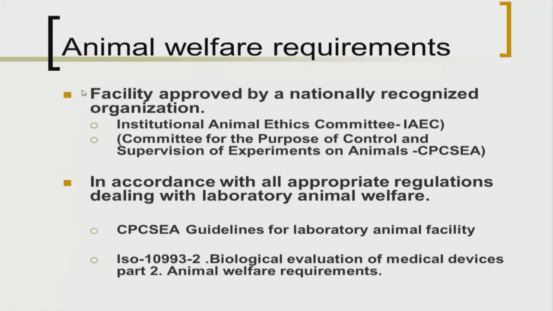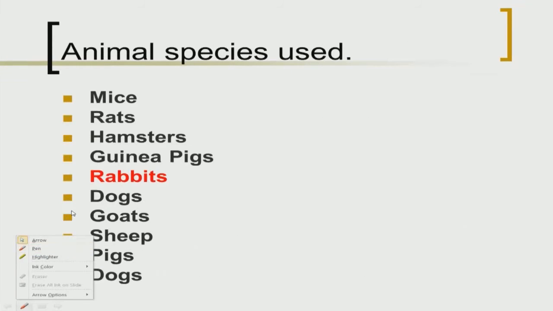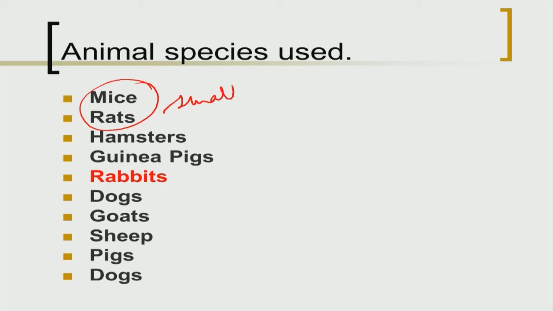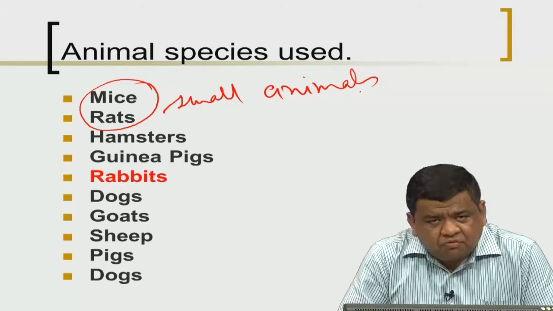Now, typically, the first two, mice and rats, are small animals. And why are rabbits written in a different font color?